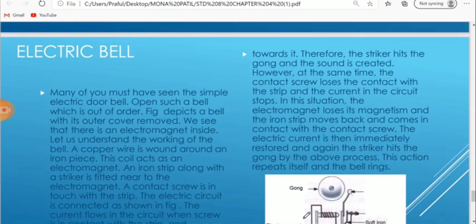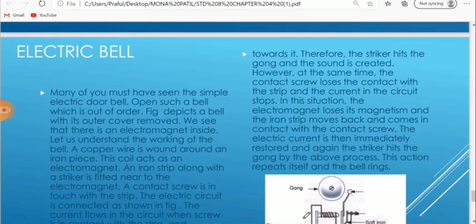The current flows in the circuit when the screw is in contact with the strip, and hence the coil becomes a magnet and attracts the iron strip towards it. Therefore, the striker hits the gong and the sound is created.